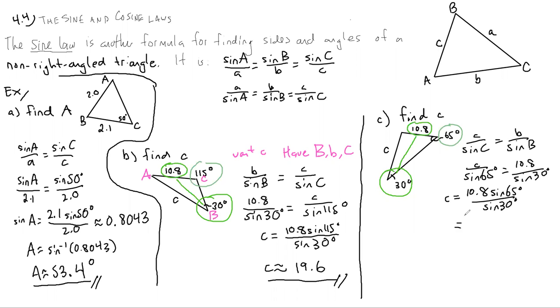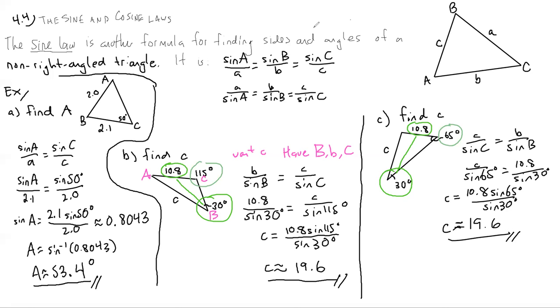And if I plug all that into my calculator, 10.8 times sine 65 divided by sine 30, I get 19.6. Very close too. So we actually get the exact same C.